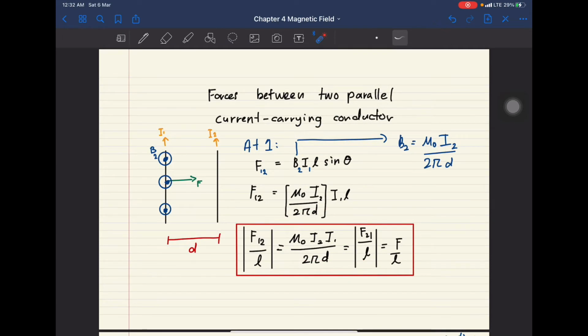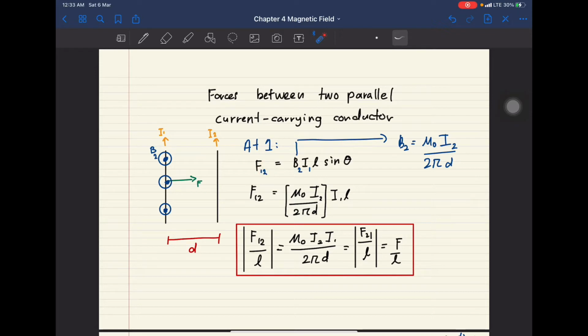To derive this equation, you can start with a very simple formula, which is F equals BIL sine theta. This one is from a previous subtopic. Now the key important part here is your subscript.